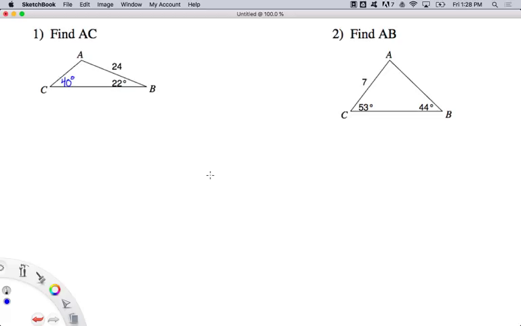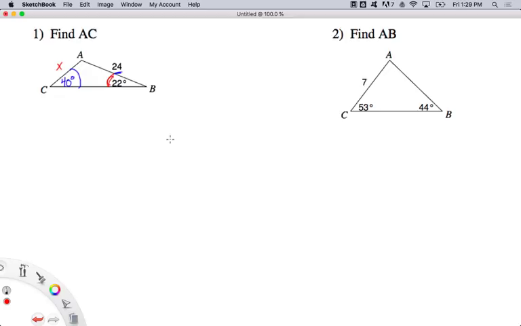You see? 40 degrees, that angle, and this opposite side. And then I have this angle, and I'm looking for AC, so that's the opposite side. I have two pairs, the red pair and the blue pair. Two pairs of angles and their opposite sides, use law of sines.